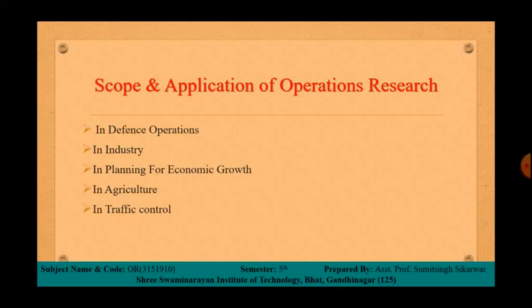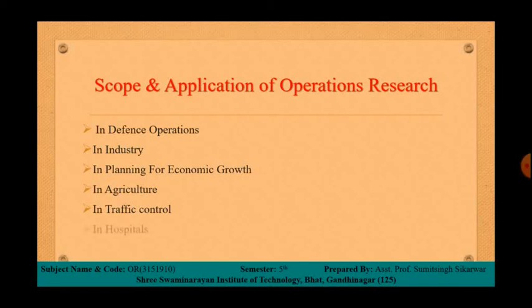Hence, proper timing of traffic signals is necessary. Depending on the flow of the commuters, the signaling time is to be worked out. This can easily be done by queuing theory. So again, operation research is very useful in traffic control.